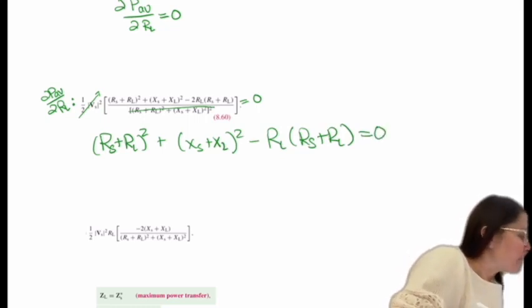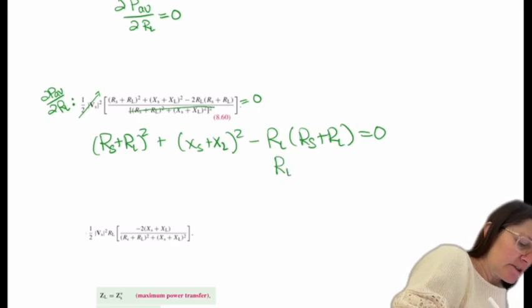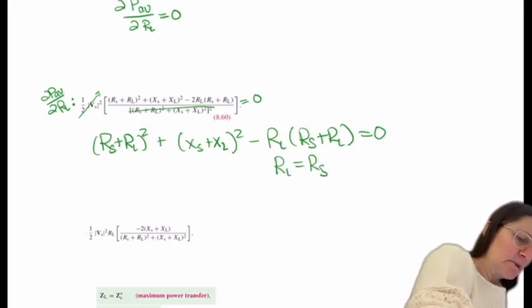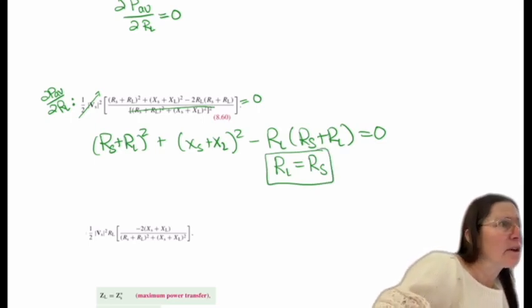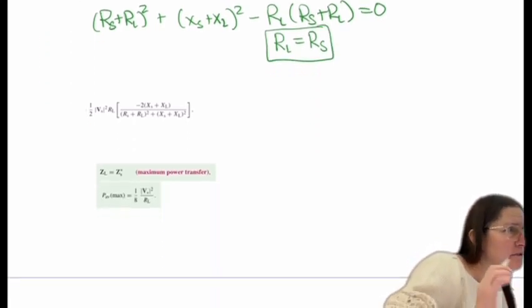So solving this gives RL equal to RS, so the same result as we had before with just the real values.